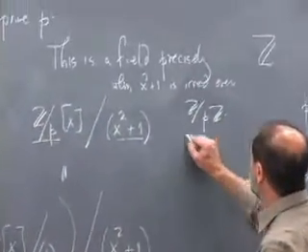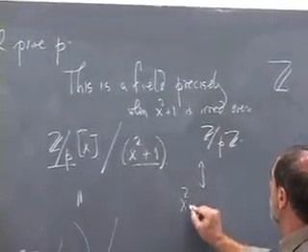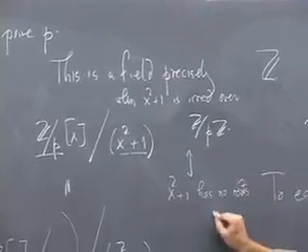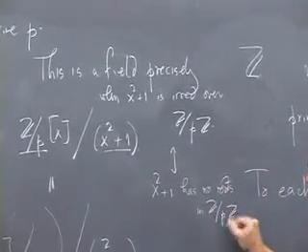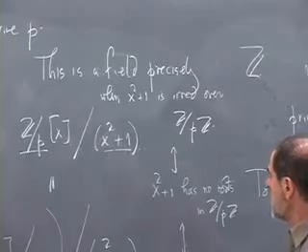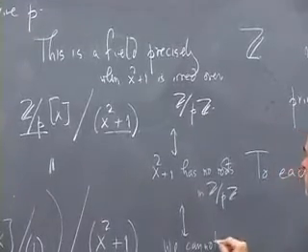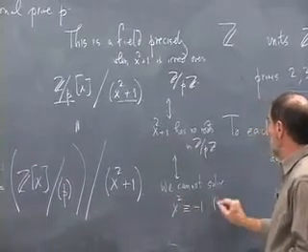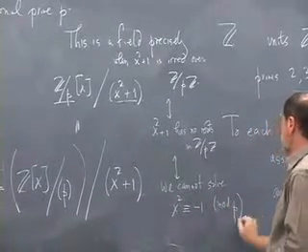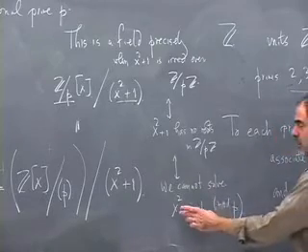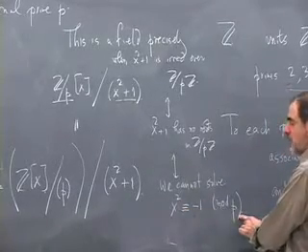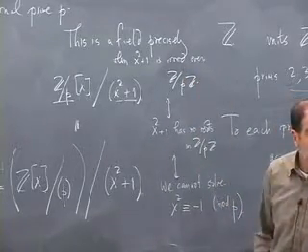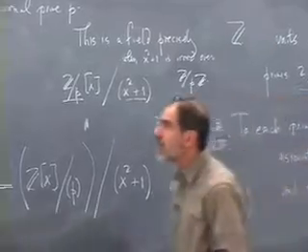So that's if and only if x squared plus 1 has no roots in Z mod PZ, which is the same thing as saying we cannot solve x squared congruent to minus 1 mod P. If we can solve this in the integers mod P, then this polynomial has a root and this isn't a field. All right?